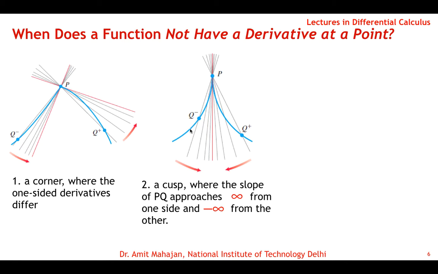So the slope from this side is plus infinity, the positive slope becoming vertical, and the slope from this side is minus infinity, the negative slope becoming vertical. If slope from one side becomes plus infinity and from the other side minus infinity, then we call that point a cusp, and the derivative does not exist at that point.